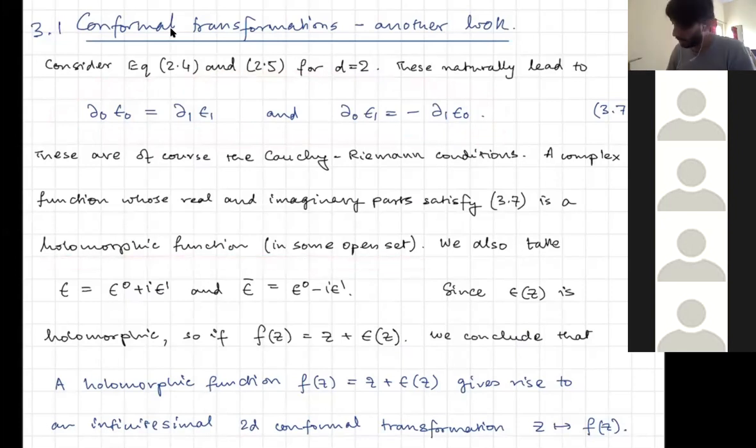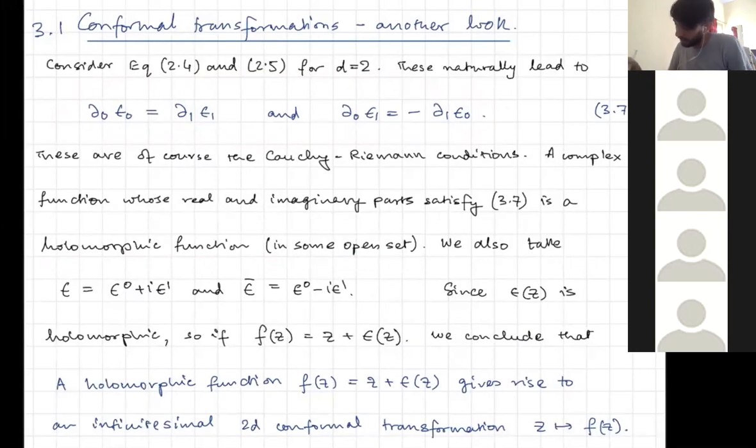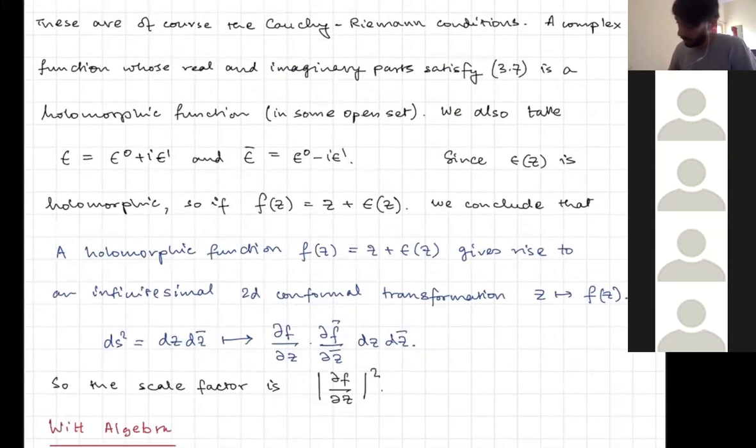Okay. So now what we do is we take epsilon to be epsilon naught plus i epsilon 1, and epsilon bar to be epsilon naught minus i epsilon 1.